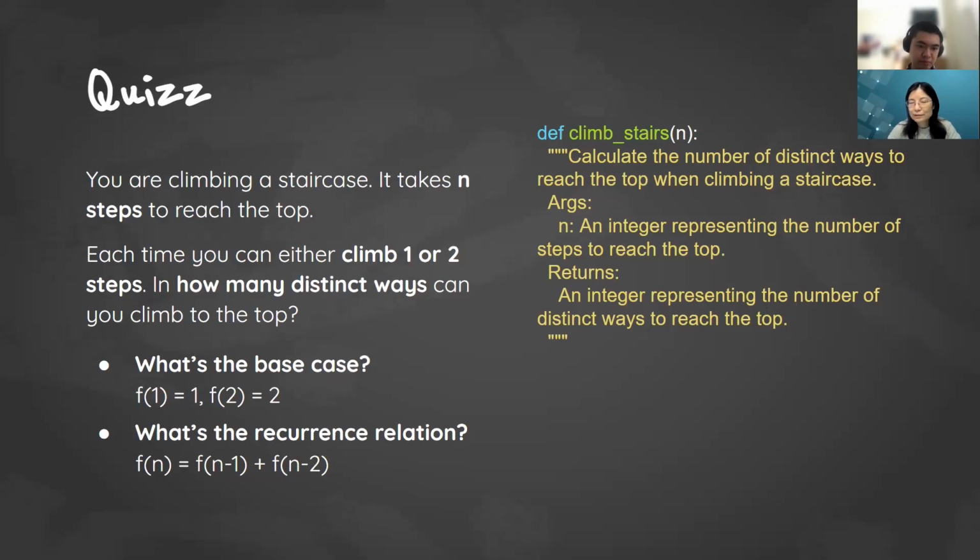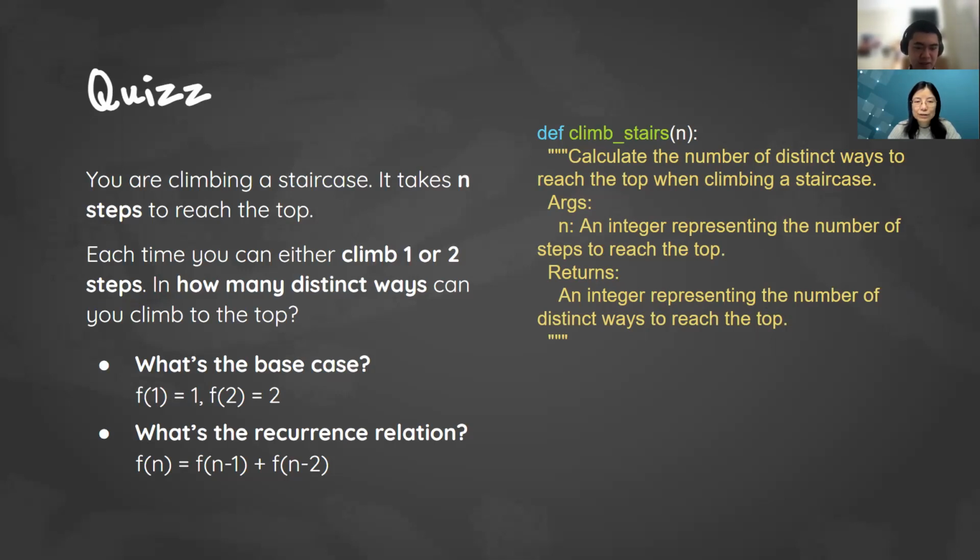We talked about the base case. There are 2 scenarios, only one step, or we have 2 steps. For 2 steps, we have 2 ways, climb 1 step twice or climb 2 steps. Now, what about when the steps are more than 2?